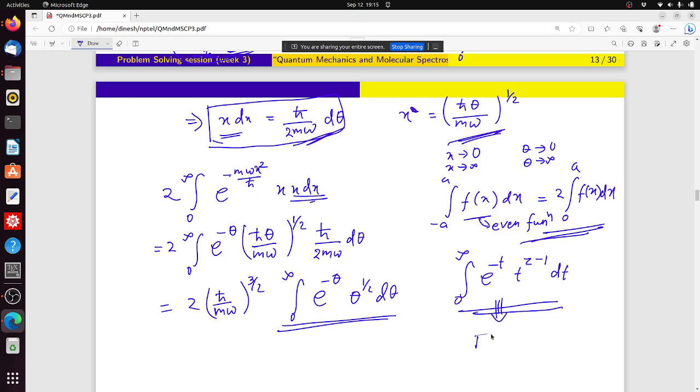Okay, so this is a gamma function. It is related to the factorial actually, so you can check it on Google. So gamma of z is nothing but z minus 1 factorial.